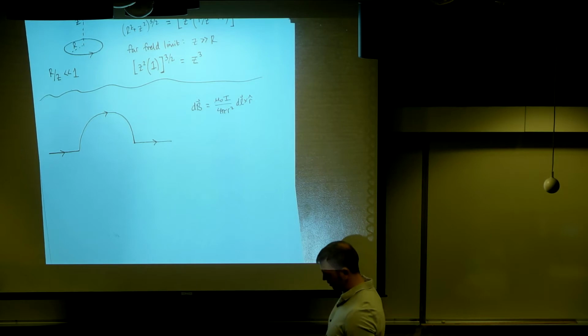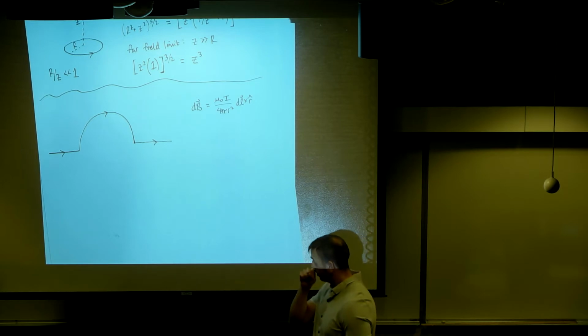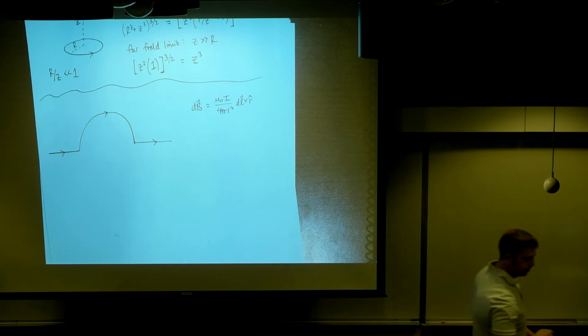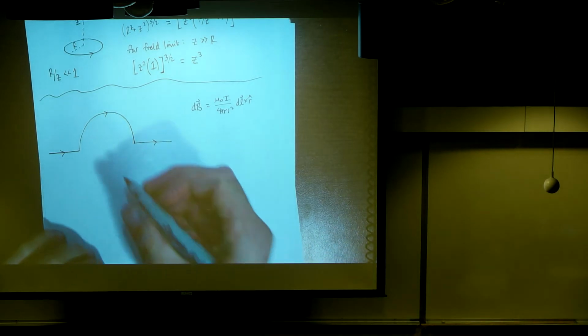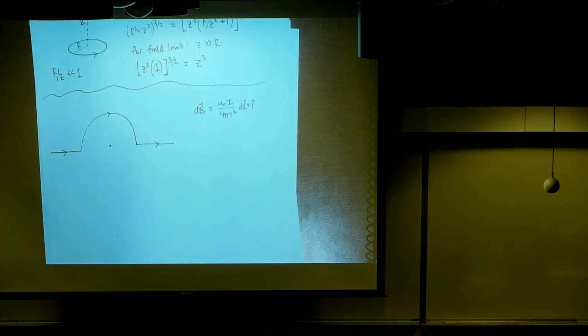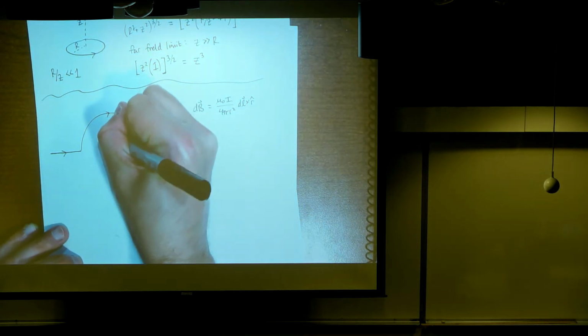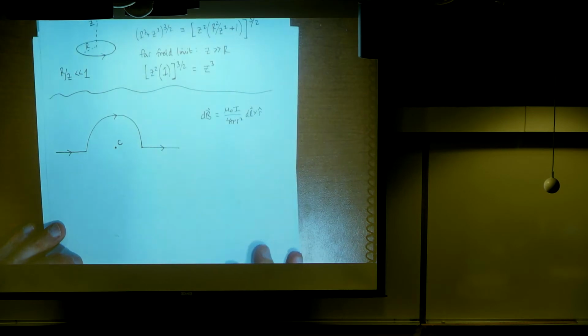It's a little segment of the wire that points along the direction of the current. On the other hand, r hat, that's a unit vector, and it goes from our current element to the point where we're calculating the field, which is right here, point C. So I'll label that point C.